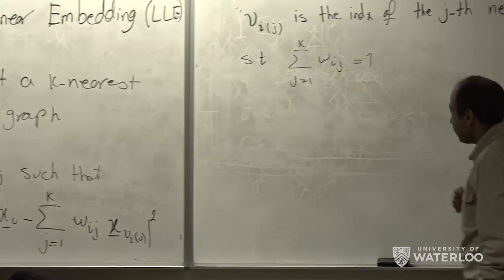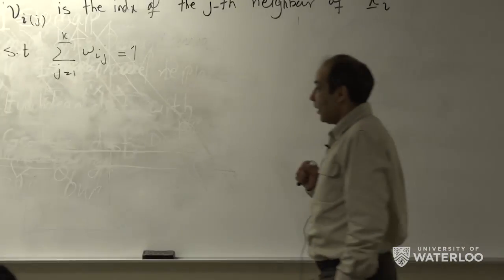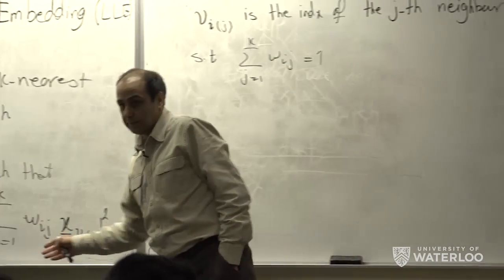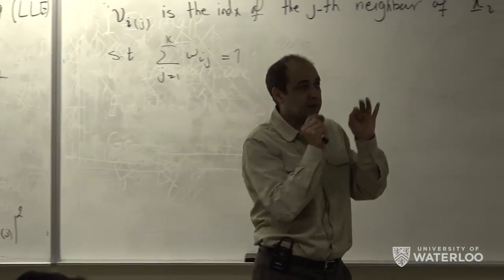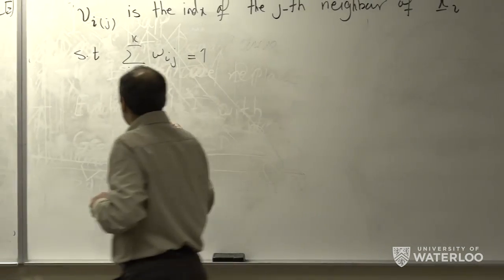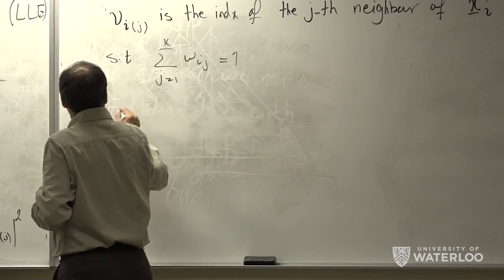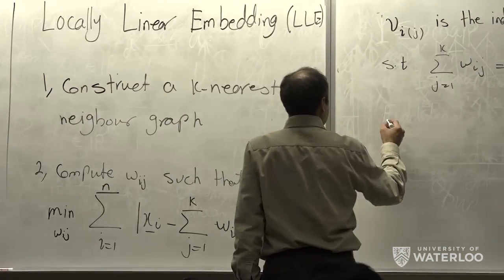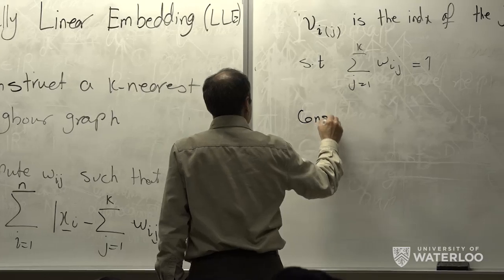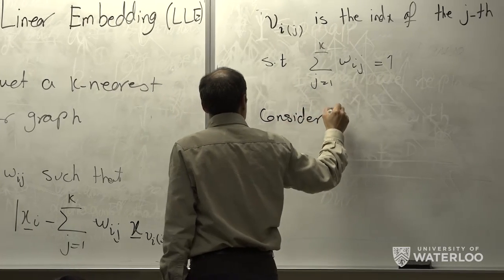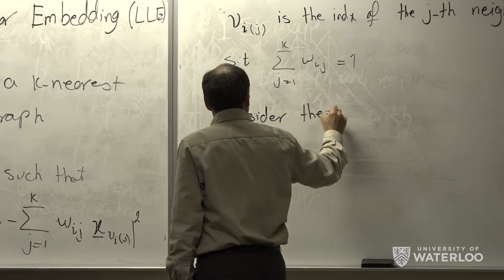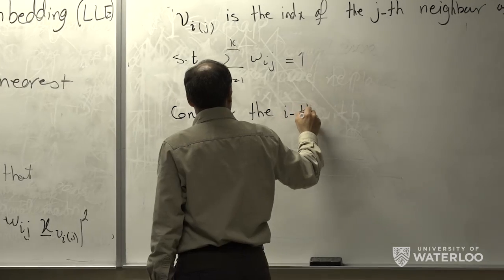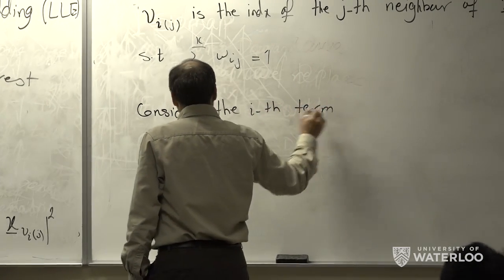So how can we find basically the set of weights for each point? Let me start with this term.